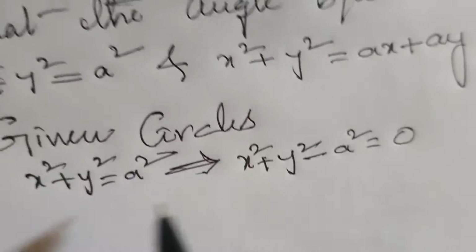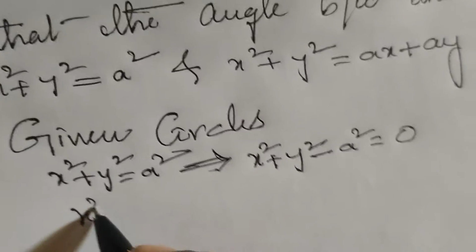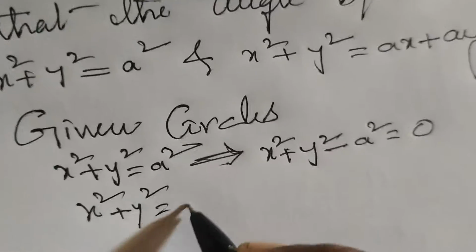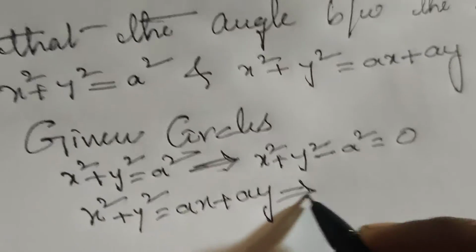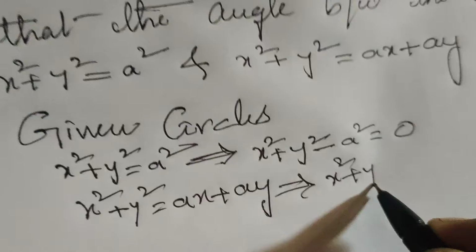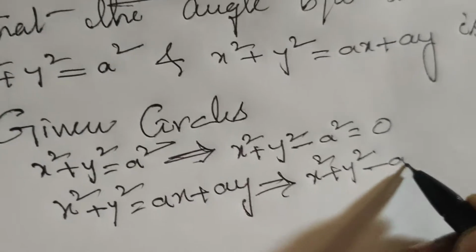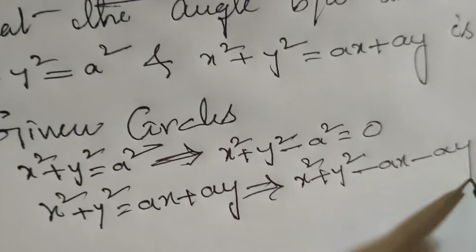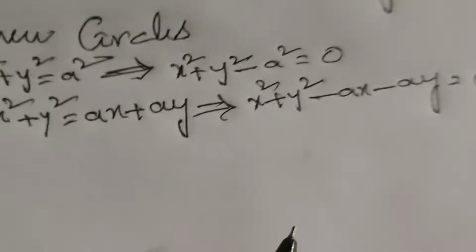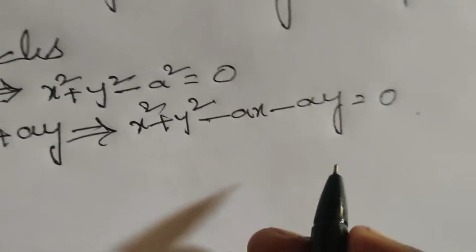The other circle is x² + y² = ax + ay, which gives x² + y² − ax − ay = 0. These are the given two circles.